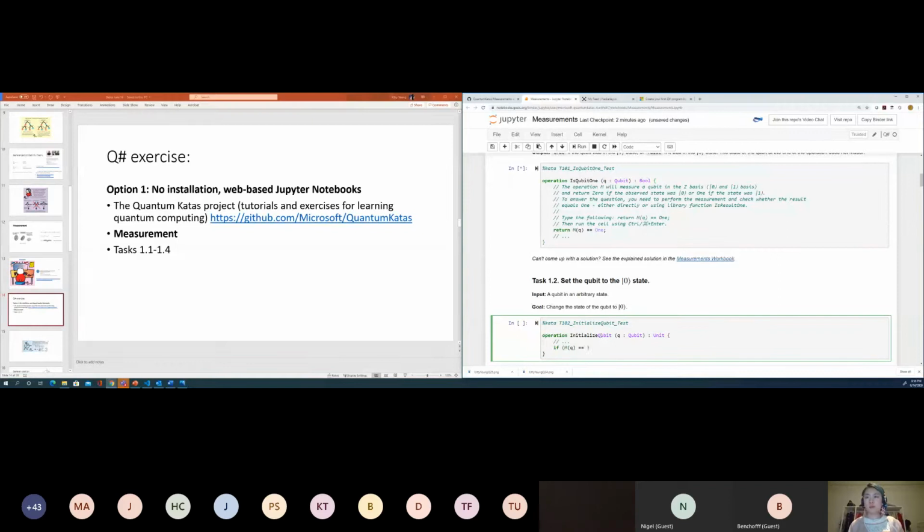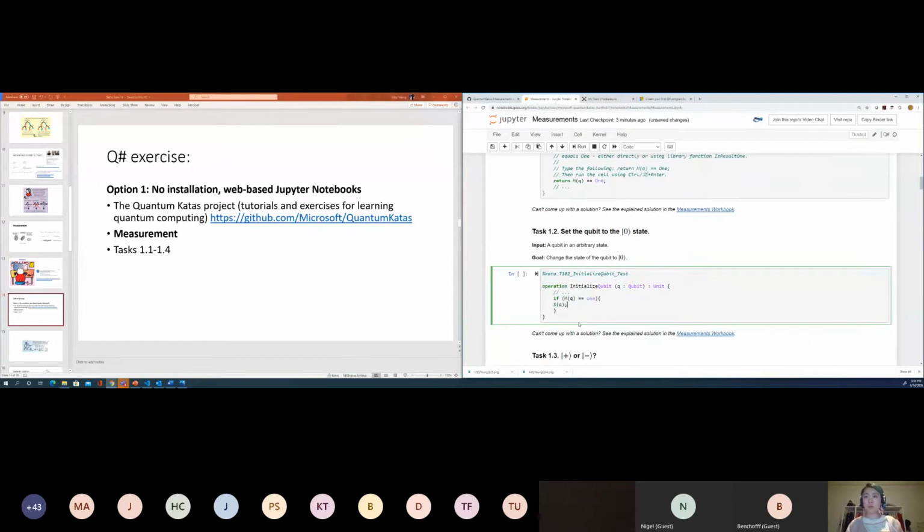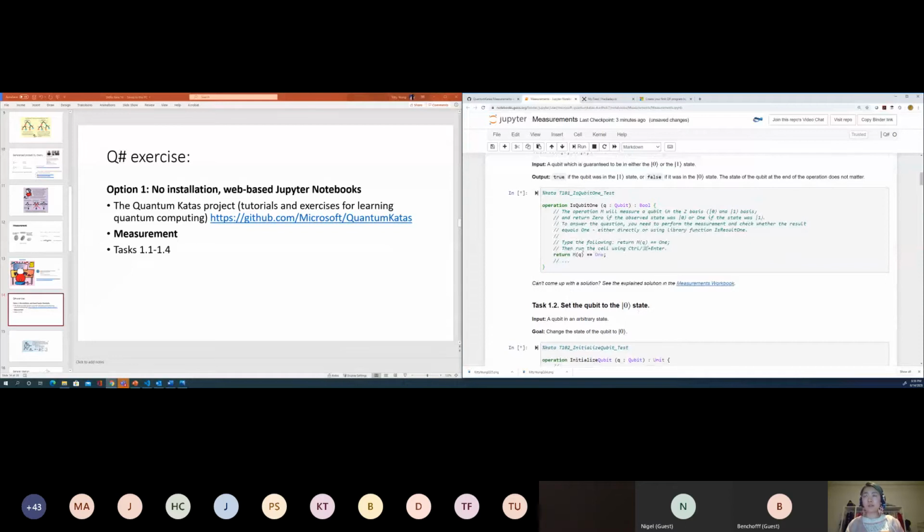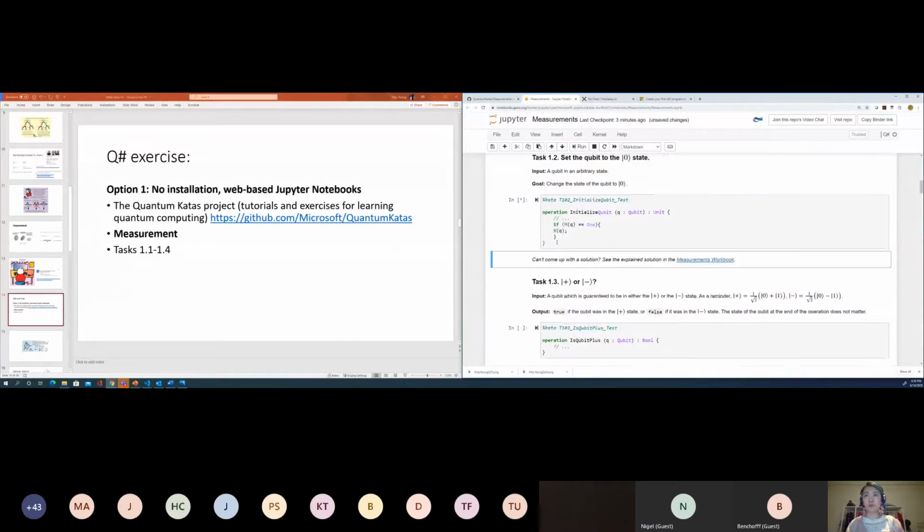So if it is 1, then you make the flip. So this should do. I don't know, my screen is really slow. So if you type in this, you should see a success showing up if your browser is working okay.